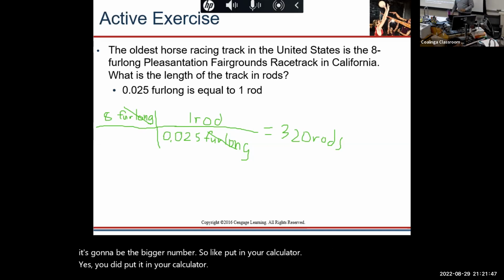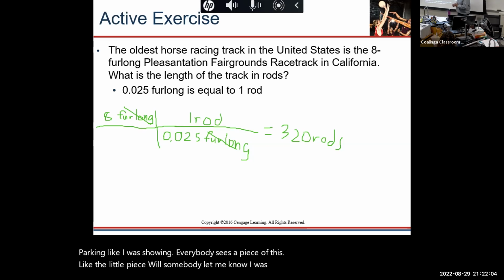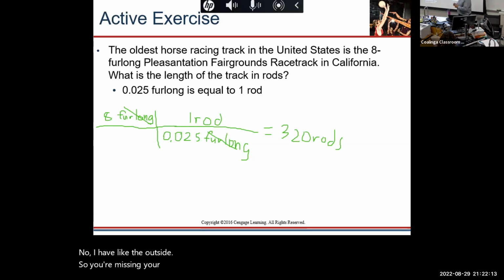Furlong. Okay, so you're missing your key? Yeah. Did you have it when you went into the lab initially?